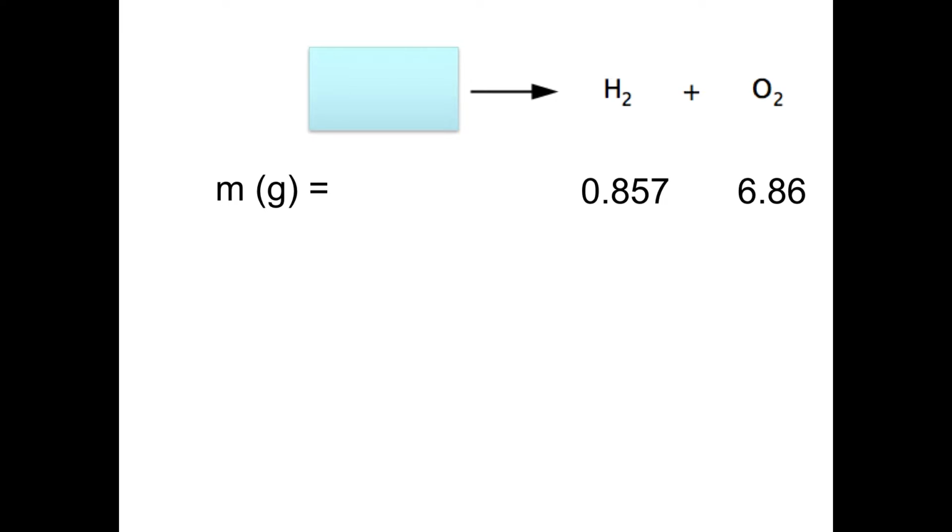Okay, so suppose that we get this, and I'm reading on page 103. Suppose we decompose a sample of water, not knowing what water is made of. Suppose we decompose a sample of water in the laboratory and it produces 0.857 grams of hydrogen and 6.86 grams of oxygen.